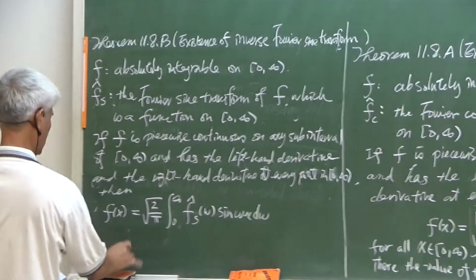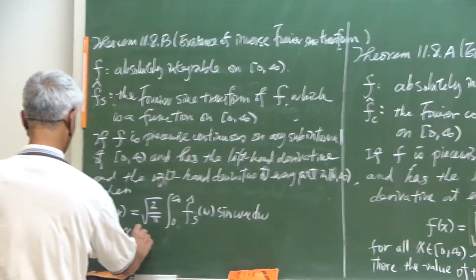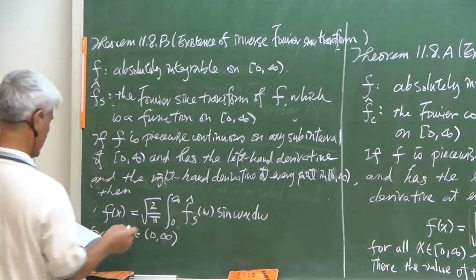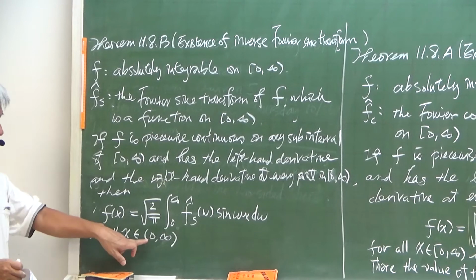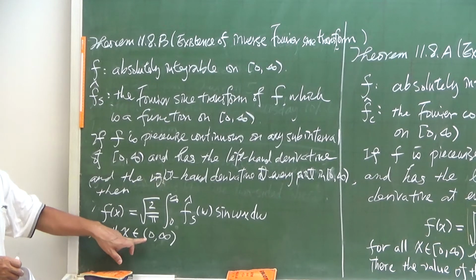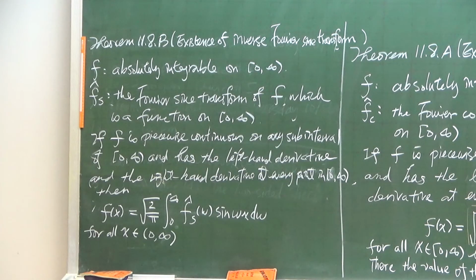So for all x in the open interval, not including the endpoint, the reason is that at the endpoint, the inverse should become 0. It's very special.